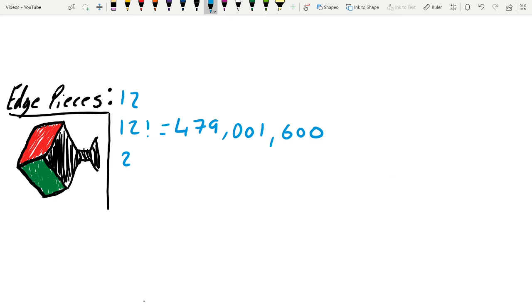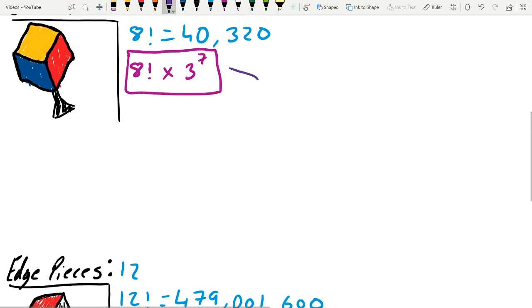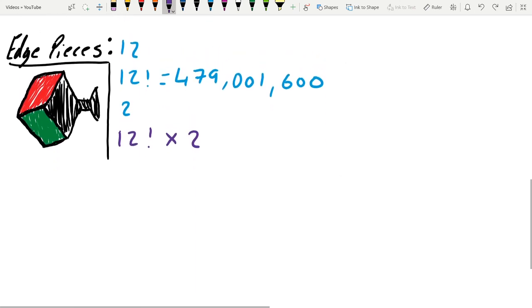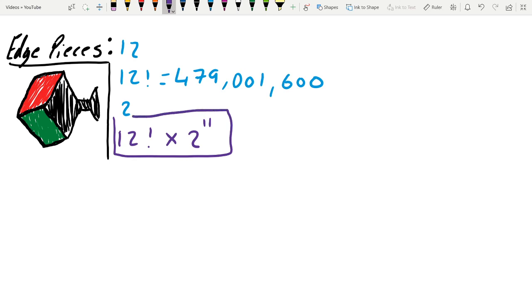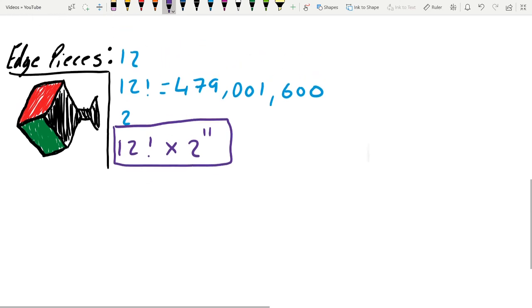So just like the corners, what we'll do is multiply that 12 factorial by the 2 from before, but also just like we did 7 here, because that's 8 minus 1, we'll do 12 minus 1, which is 11. And that's just for the same reason. If you solve 11 edges, the 12th edge just must be solved. So this is our arrangements for the edges.